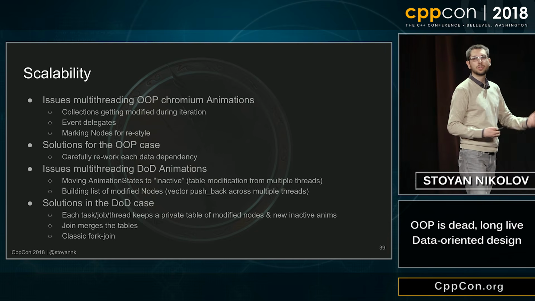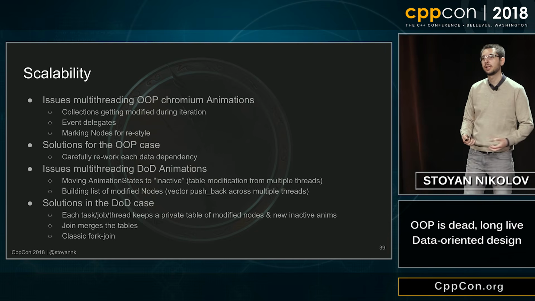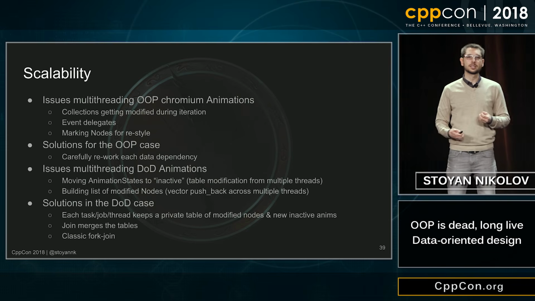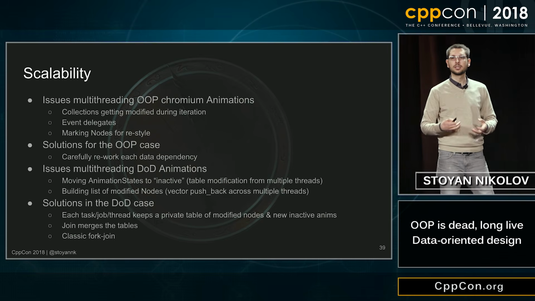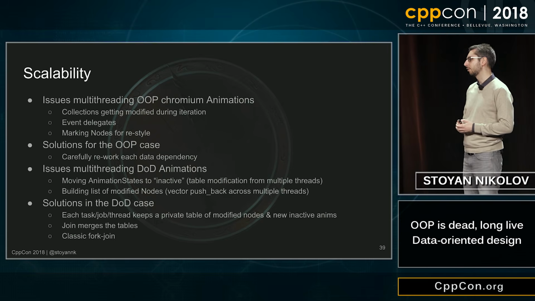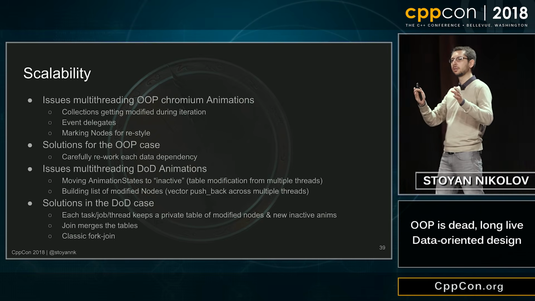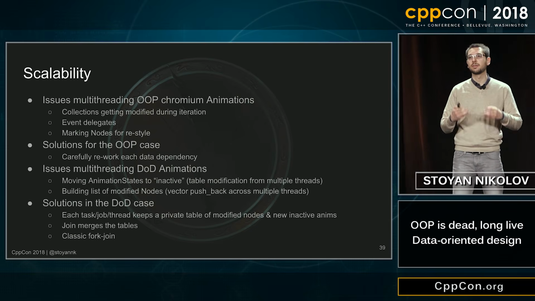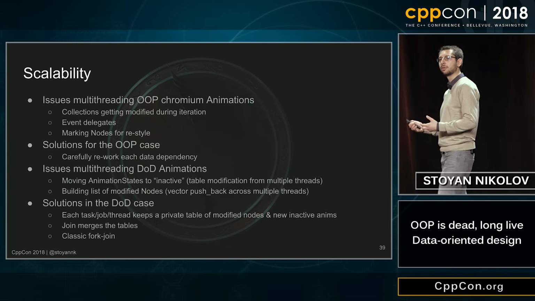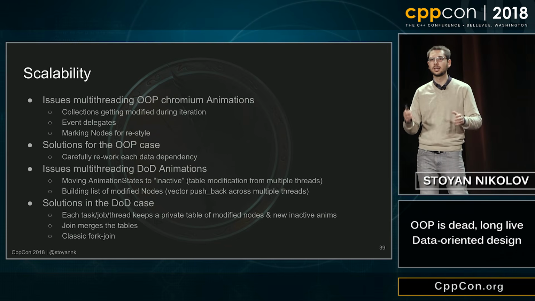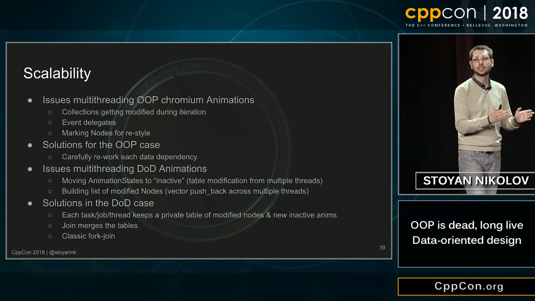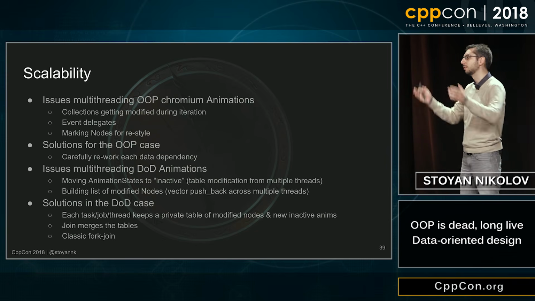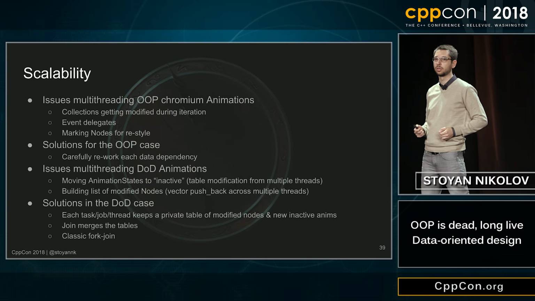We don't know if all the methods we're calling are thread safe, and we have to make sure they are. Another problem with the hidden state is that if we hypothetically solve these issues and run, let's say, half the animation on core A, half the animation on core B, if they have a very different runtime profile, so if core A is lucky and gets a lot of inactive animations, then it will be idle for a lot of time. We won't have an even distribution of work.